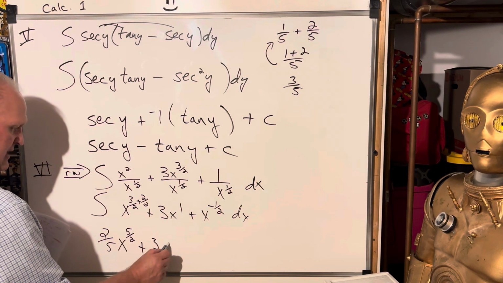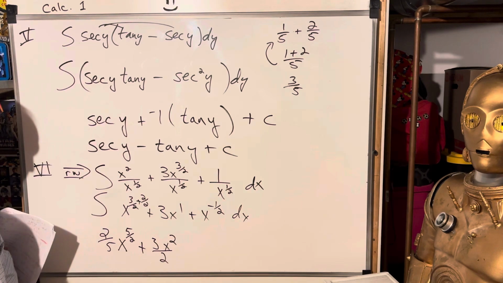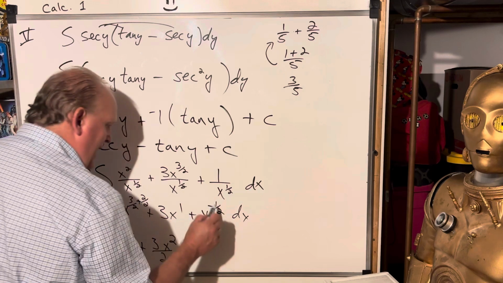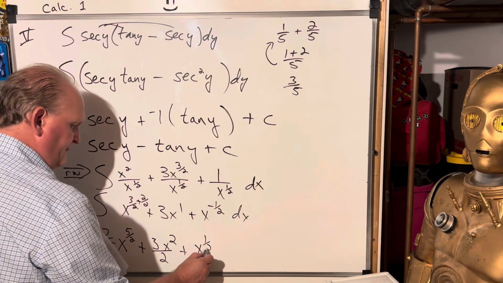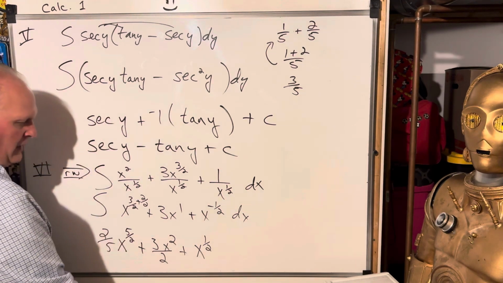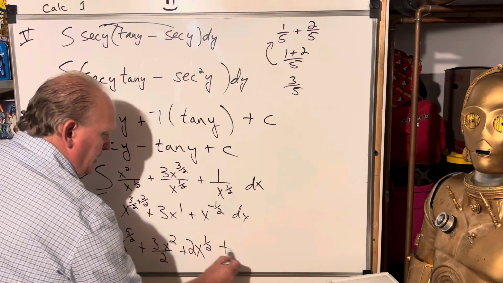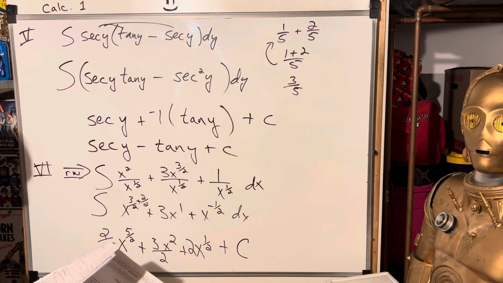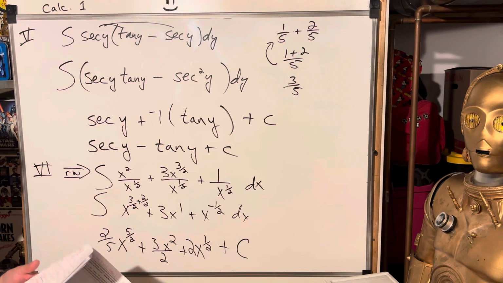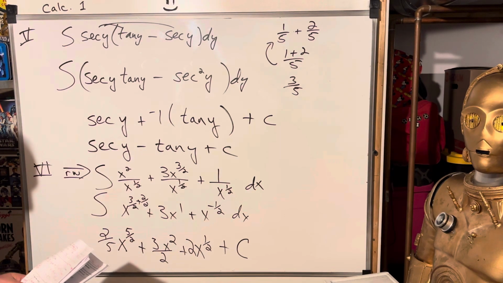So that's 3x squared, but then over 2. Plus, I add 1 to that. So that's 1/2. And again, instead of writing over 1/2, I could just say times 2. Squeeze a 2 in front of that. And then don't forget the plus c. And you can just leave it like that. That's good. If you want to clean that up and write it more like 3/2 x squared, that's fine. Or if you want to make that into a square root, that's fine. But this is good.